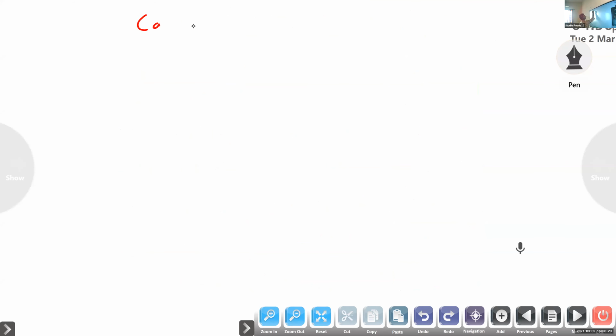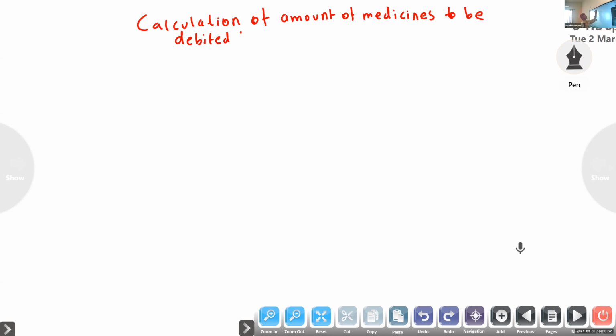Calculation of amount of medicines to be debited to income and expenditure account.